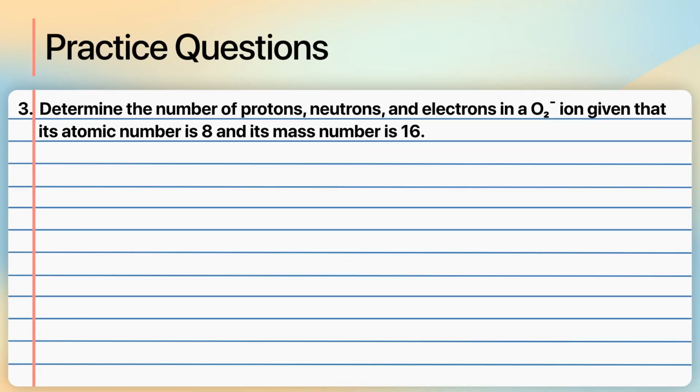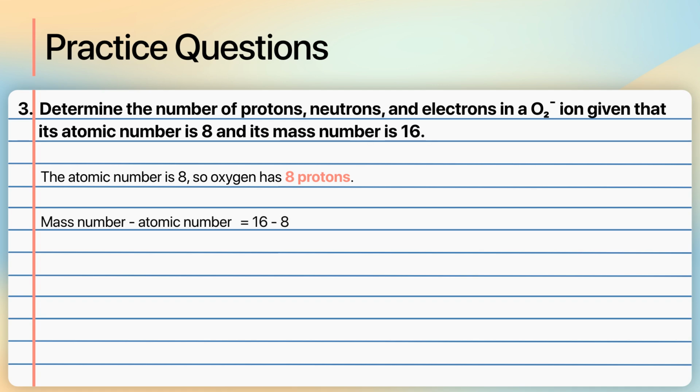Question 3. Determine the number of protons, neutrons, and electrons in an oxygen 2- ion, given that its atomic number is 8 and its mass number is 16. The atomic number of oxygen is 8, so there are 8 protons. Next, the mass number minus the atomic number is 16 minus 8, which gives us 8 neutrons.